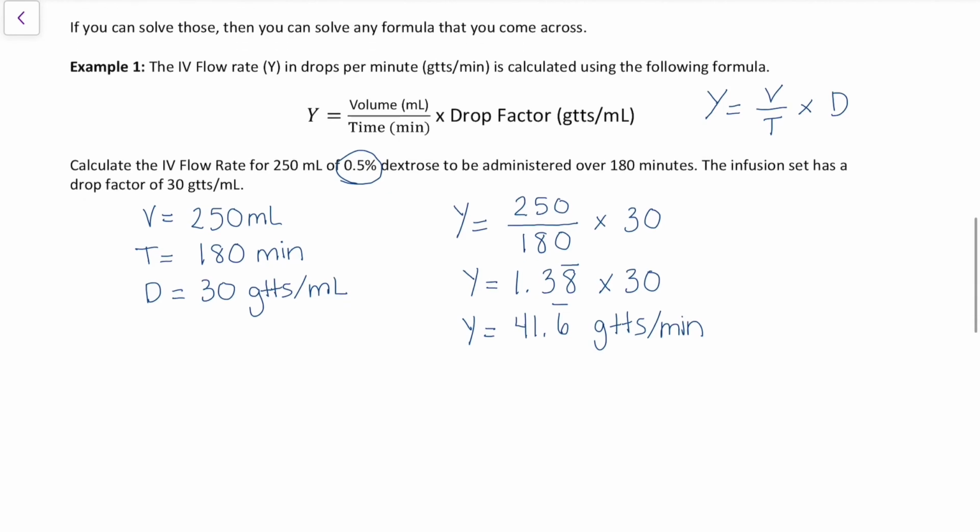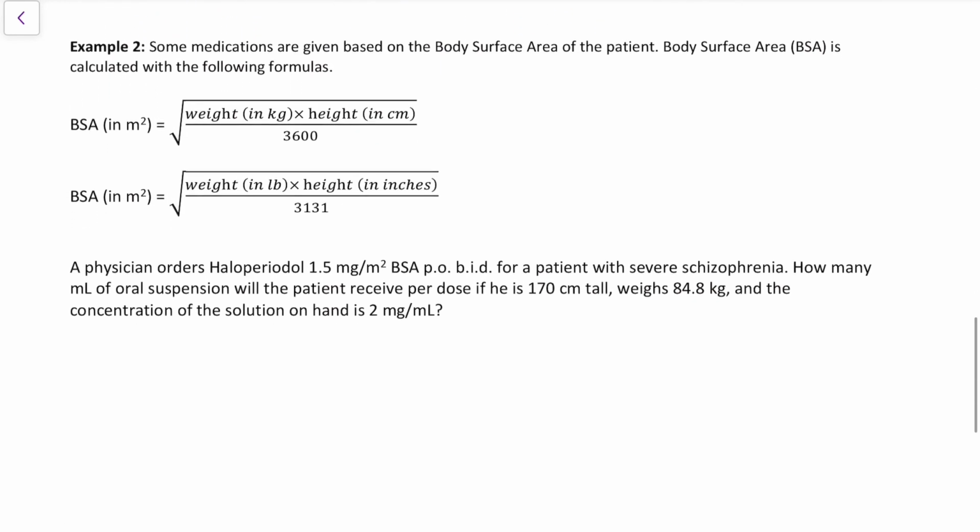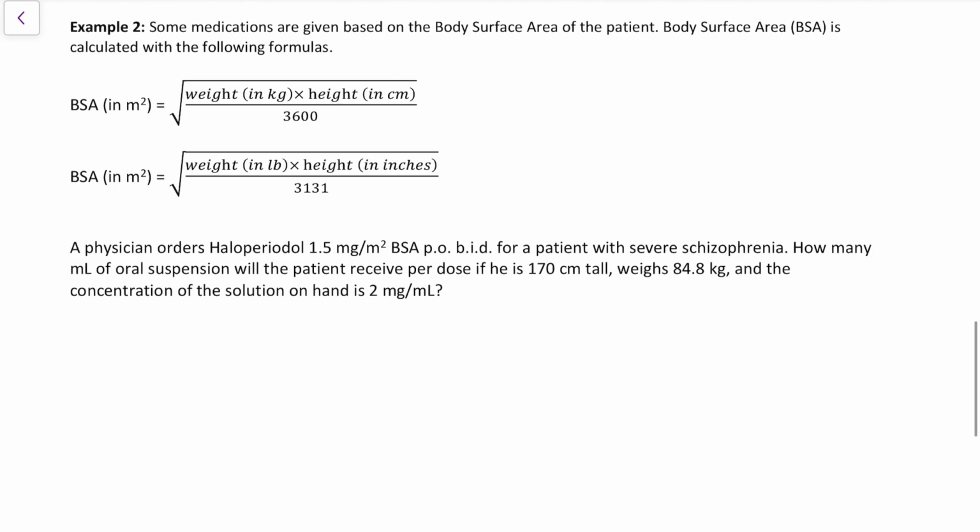Okay, so I want you to try this one. We've looked at dosage calculations in a previous video, but now I'm having you actually calculate the body surface area. So some medications are given on body surface area. And so here's the two formulas depending on whether you are using the metric system or the imperial system.